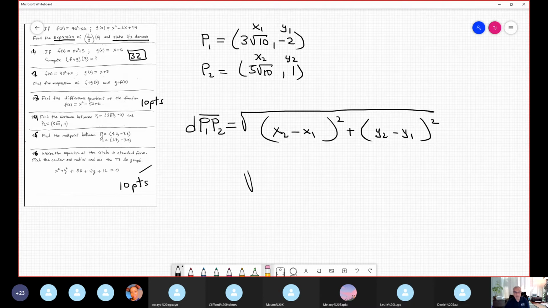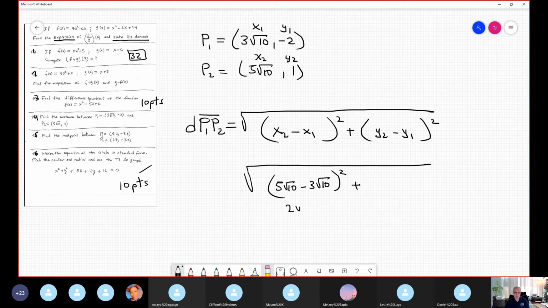Basically, inside my square root, you're subtracting the x. Okay, x is 5 radical 10 minus 3 radical 10. And don't forget a square. Let's do it first. Okay, 5 radical 10 minus 3 radical 10 is 2 radical 10. You subtract 5 minus 3 because we have the same number inside the radical.